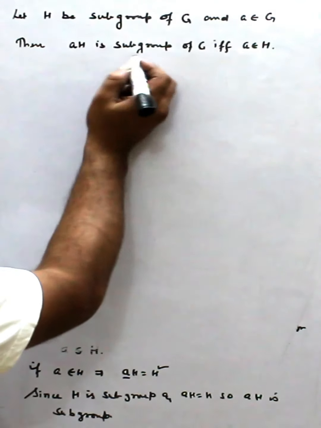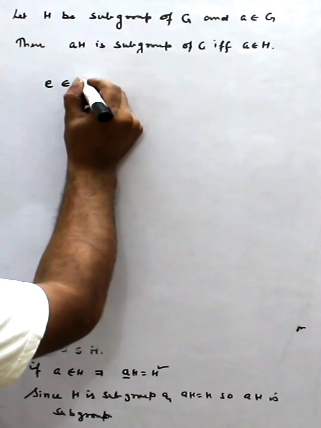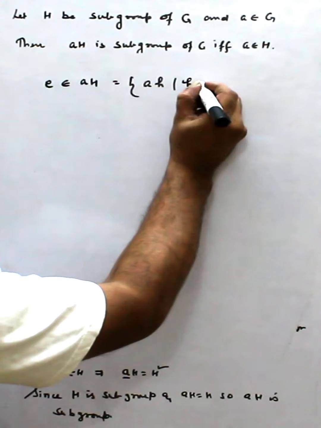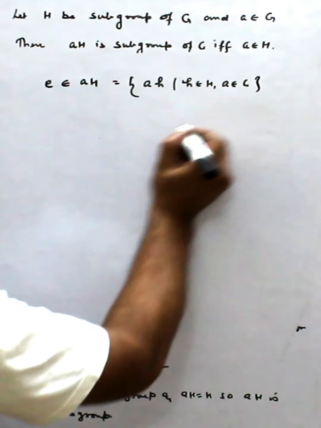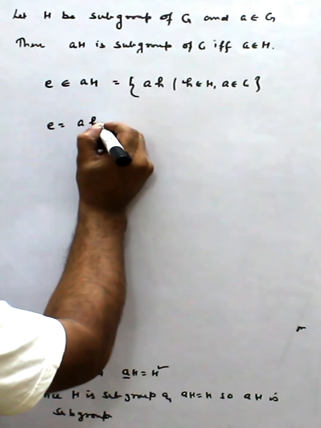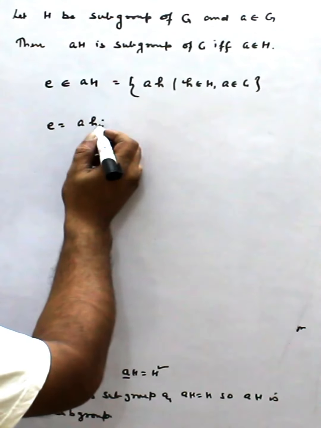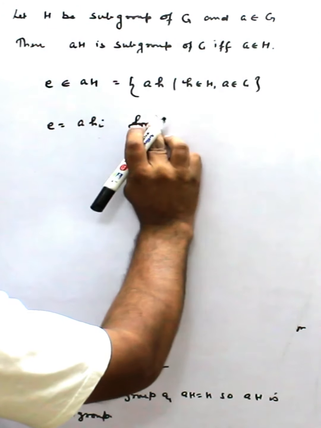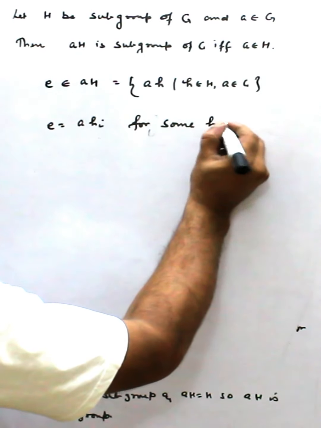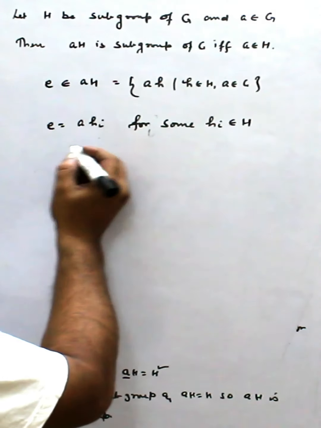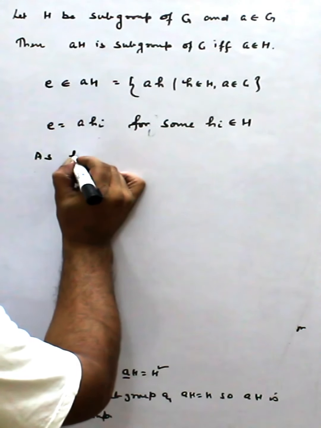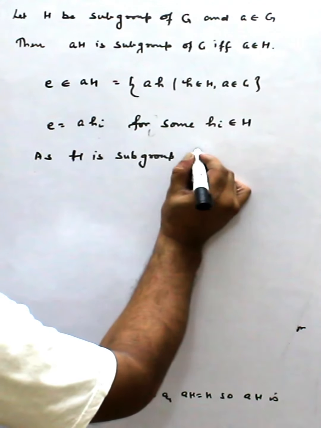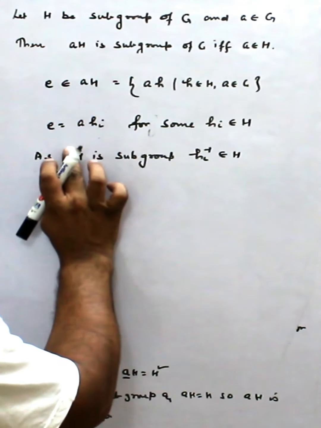If we suppose AH is a subgroup, that means obviously the identity belongs to AH, and AH has what type of elements? Elements of the form A h, where h belongs to H, A belongs to G. That means E is equal to A h_i for some h_i belonging to H. As H is a subgroup, h_i inverse belongs to H.